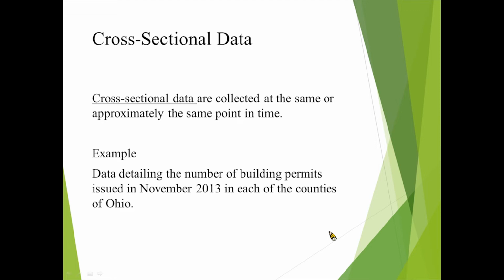Cross-sectional means you collect the data at the same time, within some period. So cross-sectional data is collected at the same or approximately the same point in time, because collecting data is time consuming, and you cannot spend maybe 1 year or a couple of months.